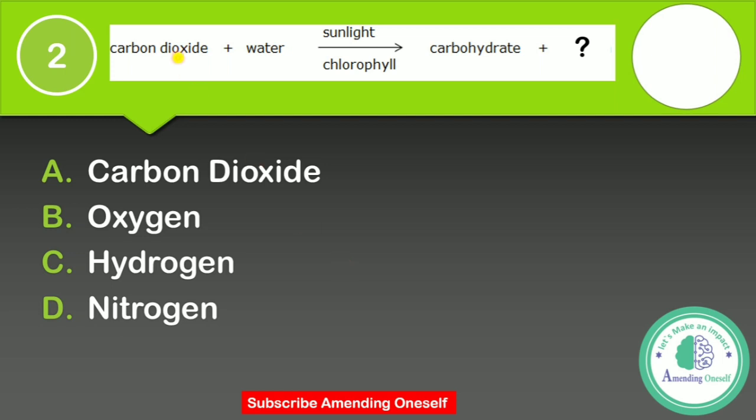Carbon dioxide plus water in the presence of sunlight with chlorophyll gives us carbohydrate plus what? Fill the question mark. Time is going to be up. 10, 9, 8, 7, 6, 5, 4, 3, 2, 1.